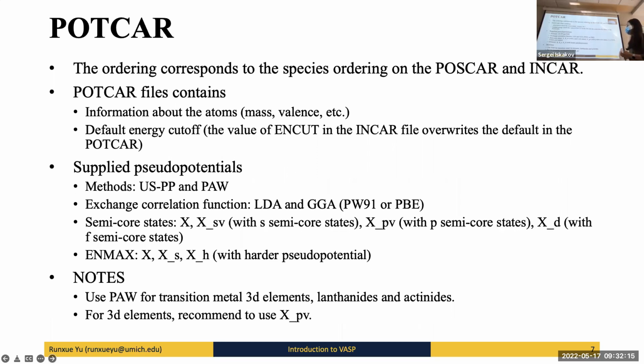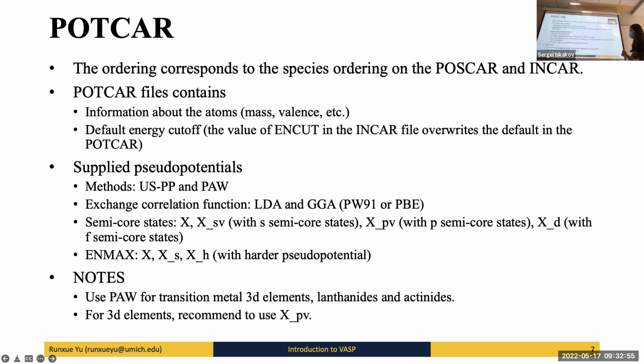And if we consider the semi-core states, then we have the element and element_sv, which will have the semi-core s states in the valence basis, and element_pv with p semi-core states in the valence basis, and element_d, sorry, I wrote it wrong, so it is with d semi-core states. And for the maximum energy, there is also element_h, which will have a harder pseudopotential.